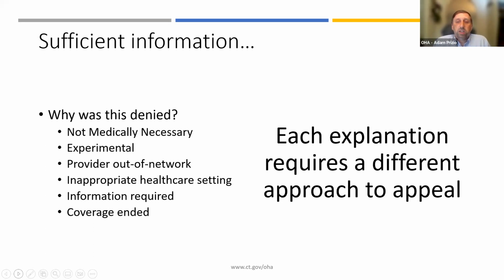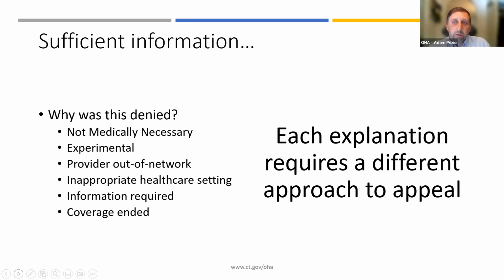If they've changed plans or changed employers, but a provider is submitting claims to their old coverage, they haven't updated, then the carrier that you're no longer with is under no obligation to pay those claims. So each of these different reasons requires a different approach, and that's why it's important to try to notice and figure out what it is they're actually saying. I think a lot of people, when they get a denial letter, it's enraging and people become upset.